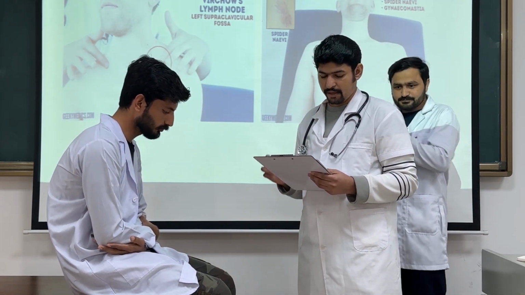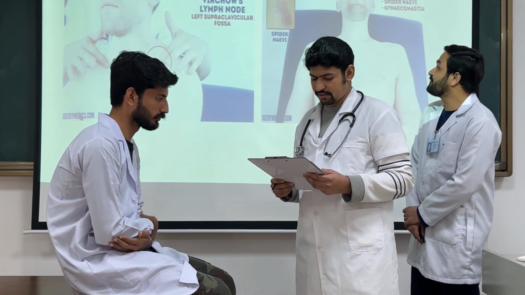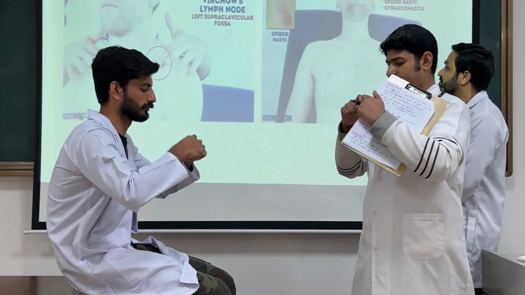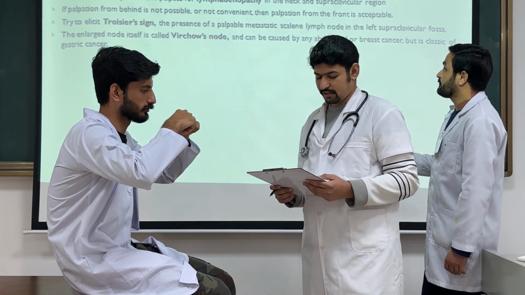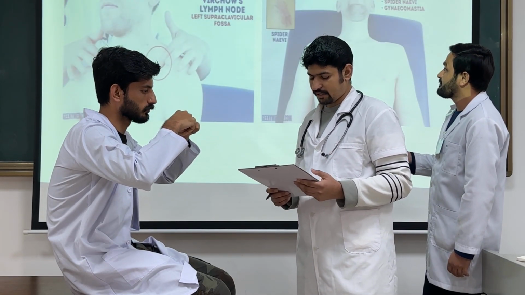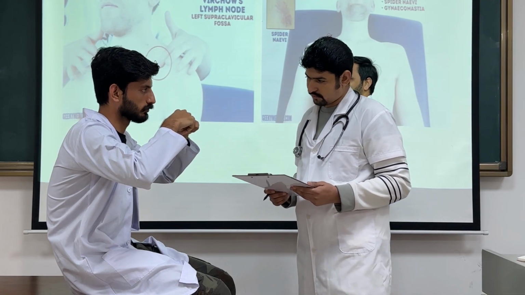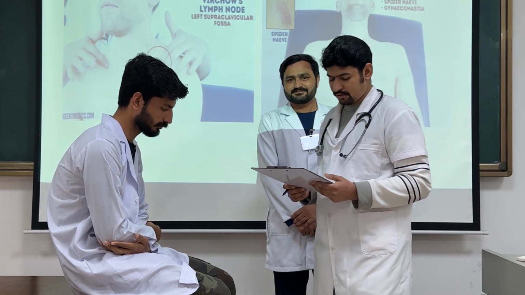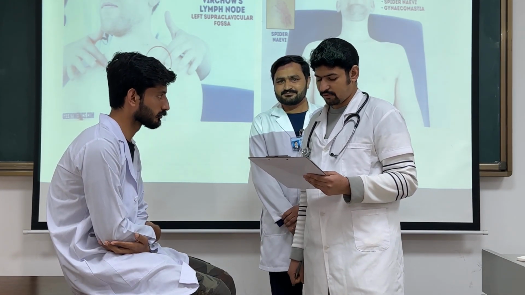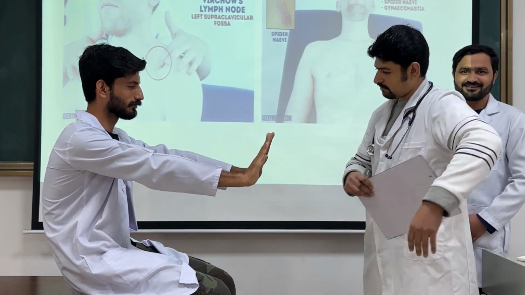Now for Dupuytren's. Sir, can you bring your fingers together like this? Here we check Dupuytren's contracture. Okay, brilliant. Sir, can you now bring your hands out in front of you like this?